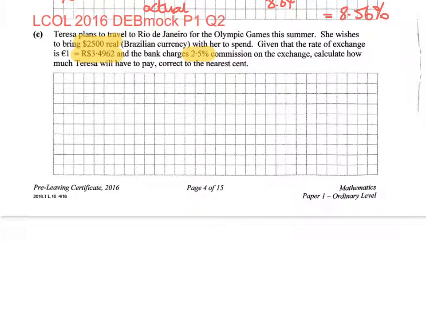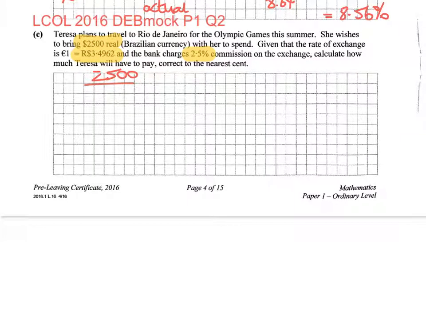So I have $2,500, and if we know that 3.4962 dollars is 1 euro, all we have to do is say, well, of this 2,500, how many times does 3.4962 go into that?